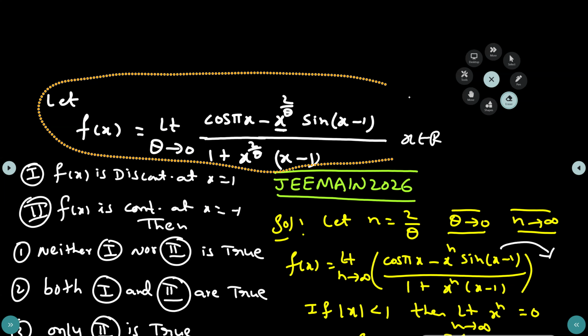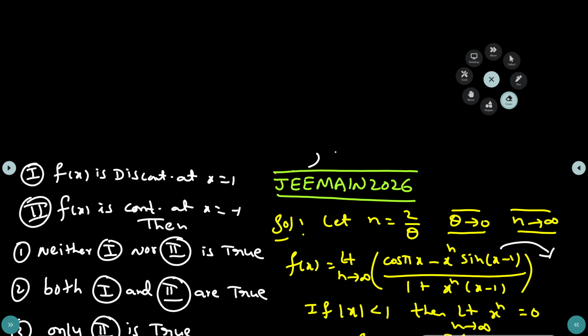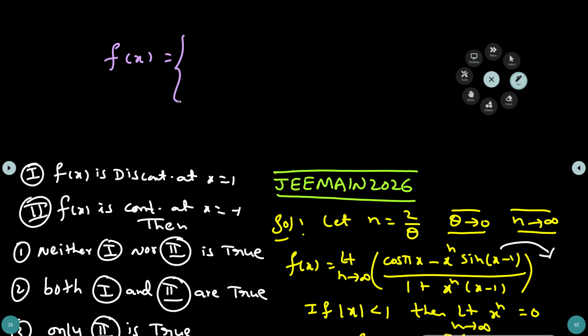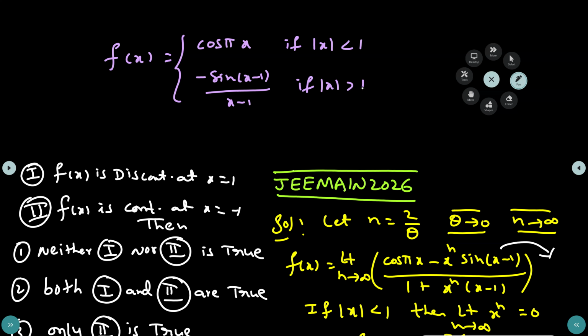So you have to divide the question into parts, for 1 and minus 1 separately. For that, I am rewriting the function by taking mod x. Now f of x is cos pi x when mod x is less than 1. The second case is minus sin of x minus 1 by x minus 1, when mod x is greater than 1.